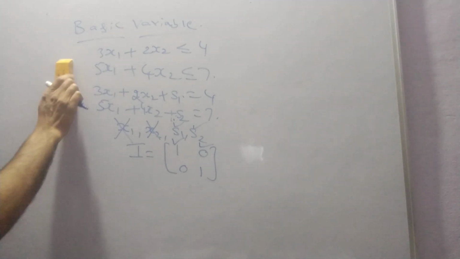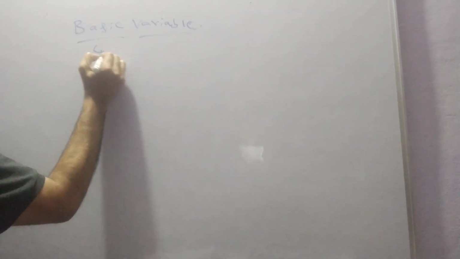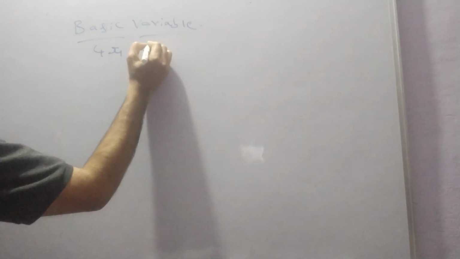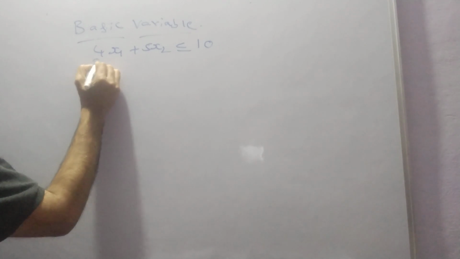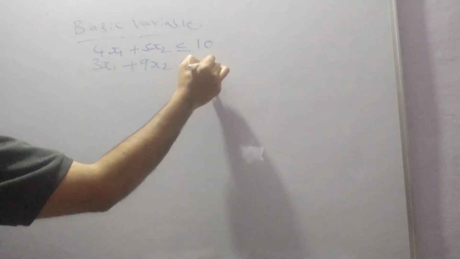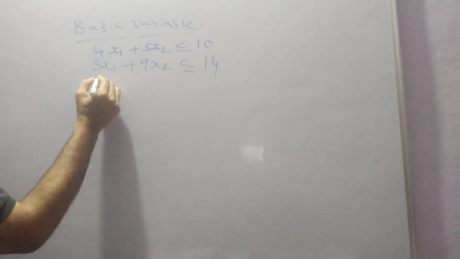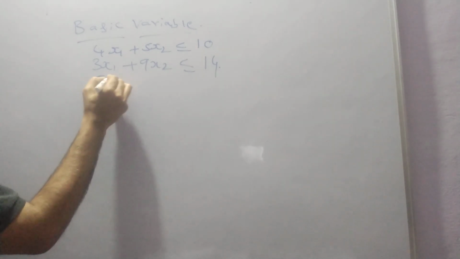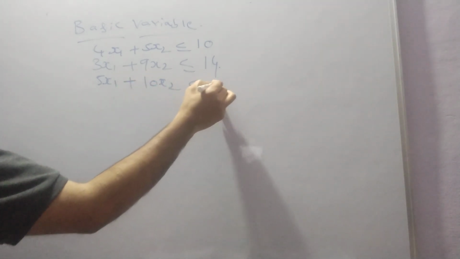I will take another example to see which are basic variables here. 4x1 plus 5x2 is less than 10. 3x1 plus 9x2 is less than 14. Next, take one more inequality, 5x1 plus 10x2 less than 12.